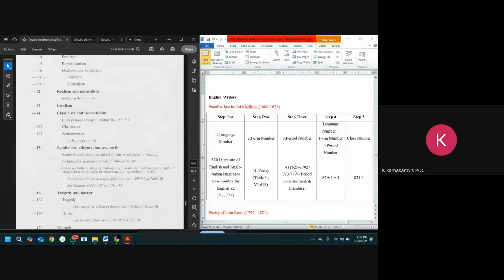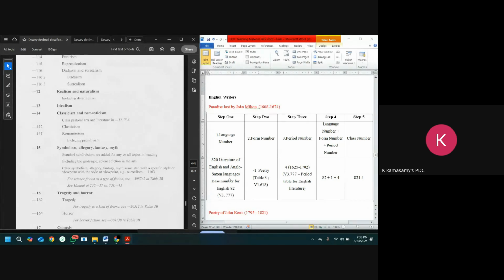Then the period number. I told you the period number is given for each and every language separately. For English separately, for Tamil, for Dravidian languages separately. For every language, the period number is given at different places. You should find out what the period number is. After finding these 3 numbers, you need to join all 3 numbers: language number plus form number plus period number.